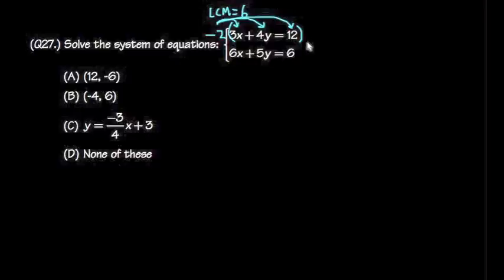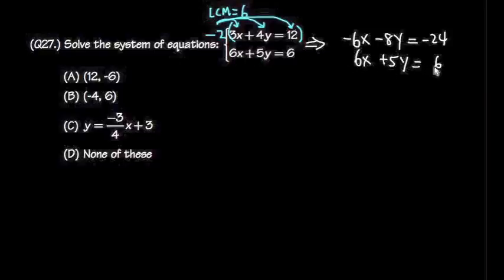So here we are going to produce a new equation. This one is going to be -2 times 3x, that's -6x, -2 times 4y, that's -8y, and that's equal to -2 times 12, that's -24. While the second equation will stay the same, 6x plus 5y is equal to 6.